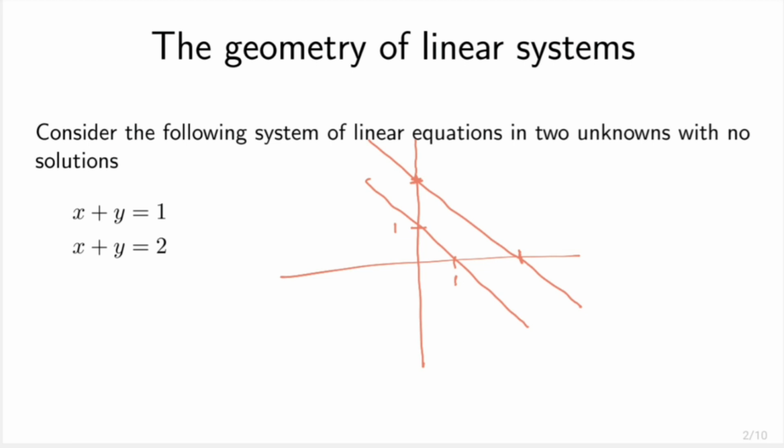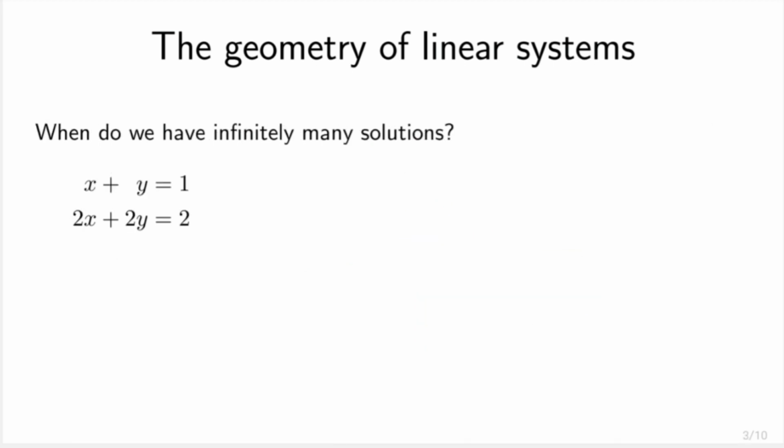Let's look at another example. So here we are being asked, when do we have infinitely many solutions? So this is giving us an example where we have infinitely many solutions. We have x plus y equals 1, and then 2x plus 2y equals 2.